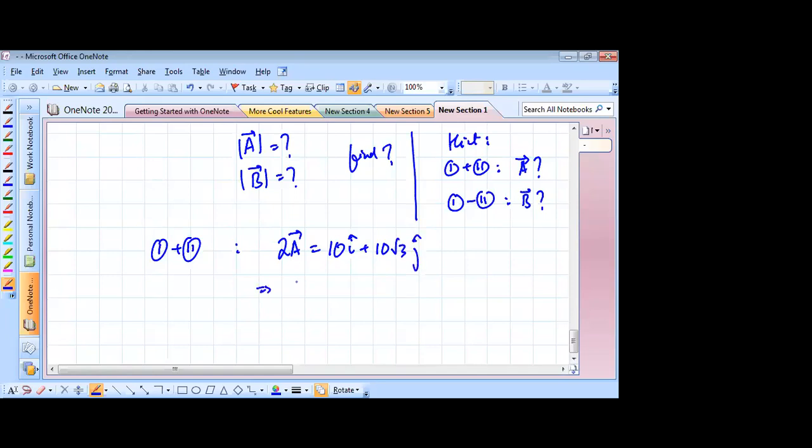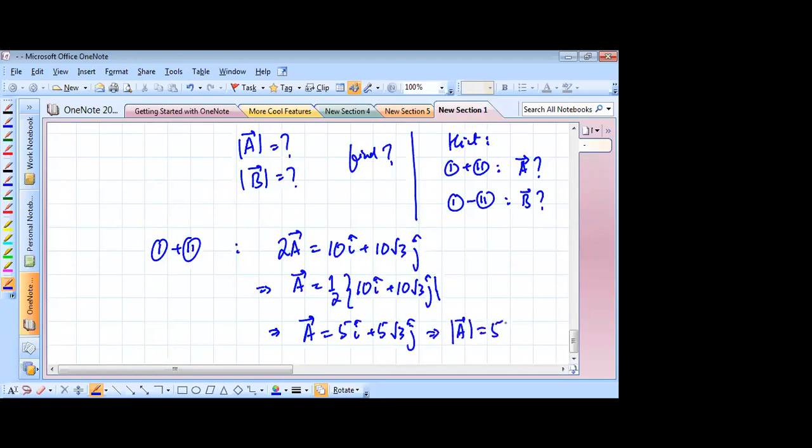So that will tell you that vector A itself is half of this whole thing. So vector A is 5 i cap plus 5 root 3 j cap. And from that you can find out magnitude of vector A is 5 into 2, 10.